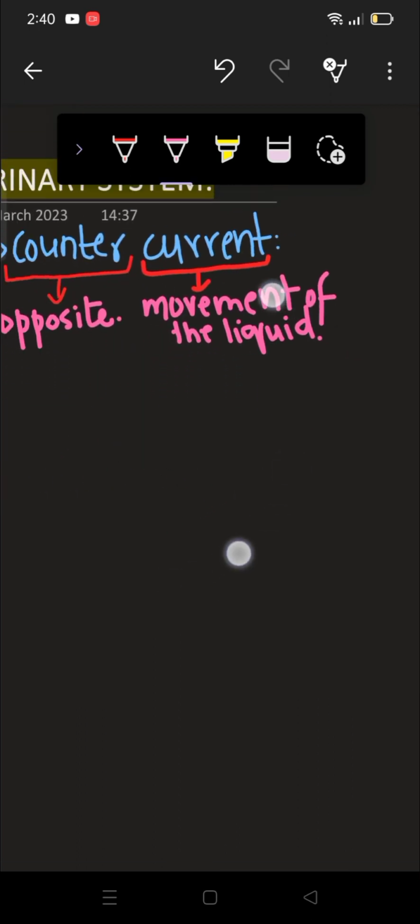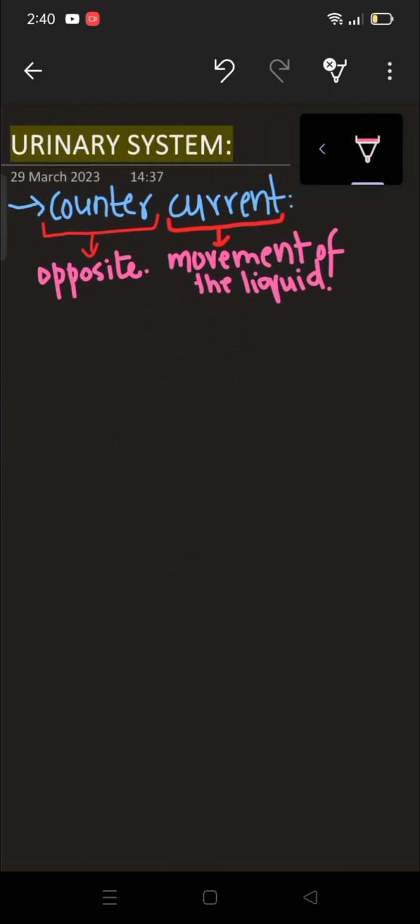So as the name suggests, it is the movement of liquid in the opposite direction, because counter means opposite and current means the movement of the liquid. It is suggesting that it is the movement of liquid in the opposite direction.